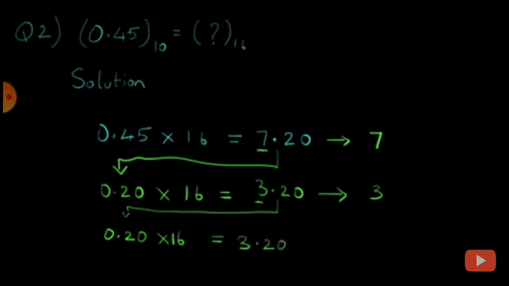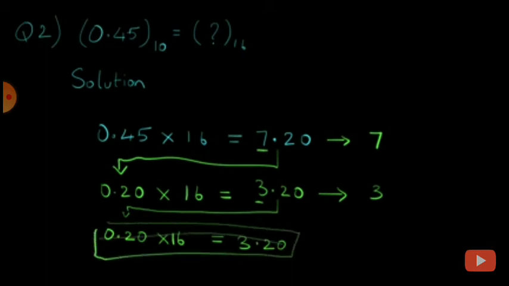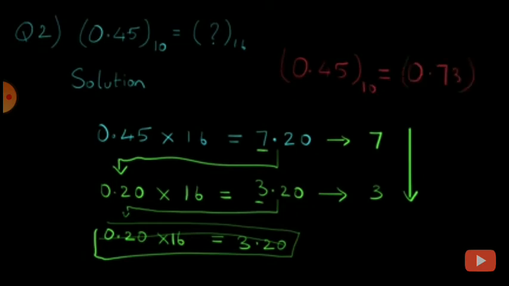So we've got a repetitive answer, so we'll stop the process over here. And we've also got our answer, which are these integer parts in ascending order. So 0.45 in decimal is equal to 0.73 in hexadecimal.